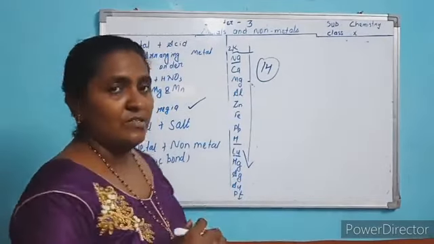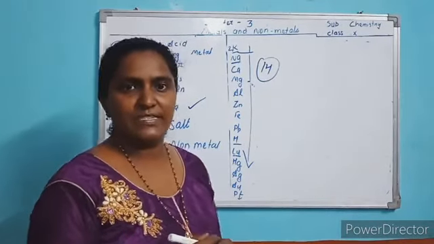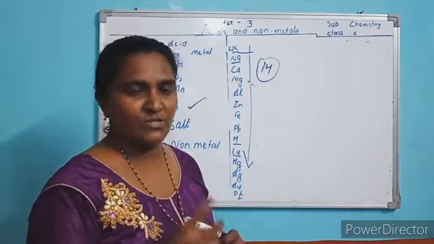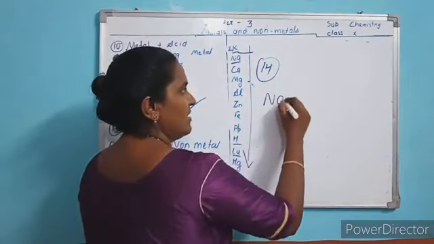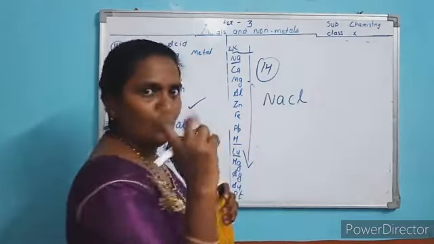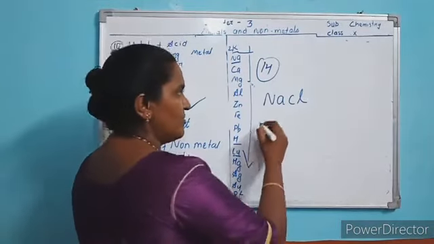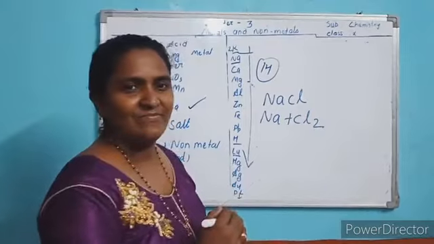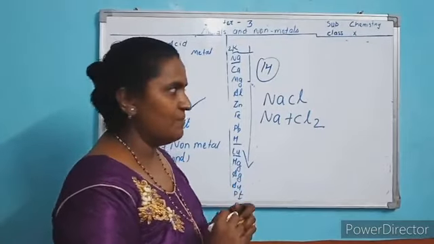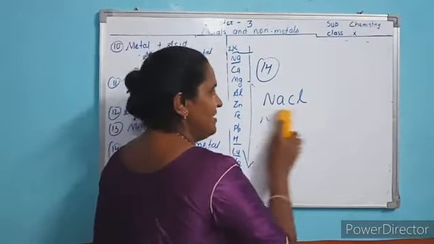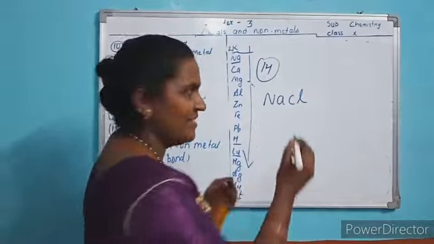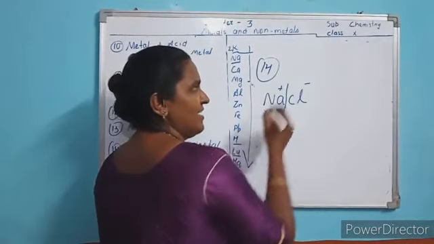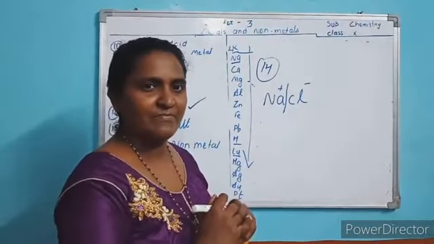You know sodium chloride, table salt, rock salt. This sodium chloride is formed from sodium and chlorine gas. Before that, it is formed from ions, Na+ and Cl-.